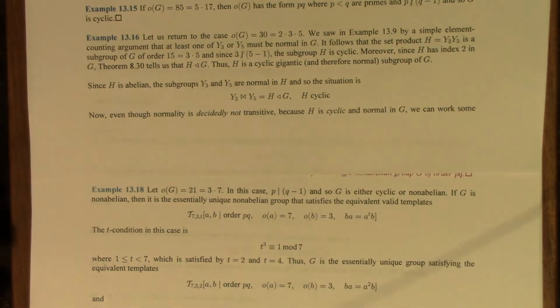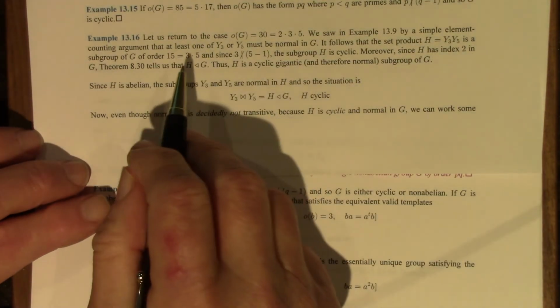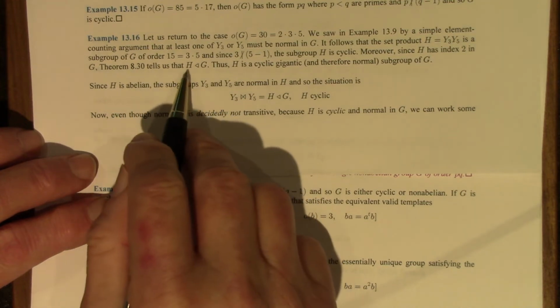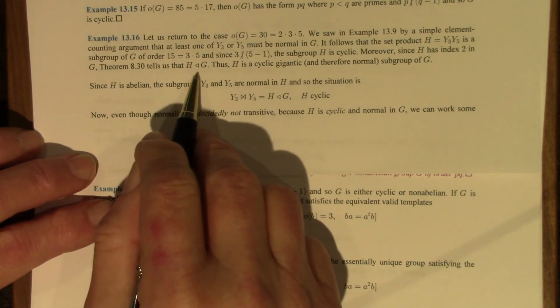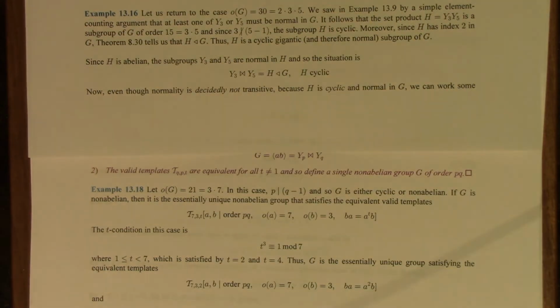Also, H has index 2 in the full group G, because H has order 15, the group has order 30. And so a theorem way back from chapter 8 tells us that H is normal in G. So H is a cyclic, and therefore normal subgroup of G.